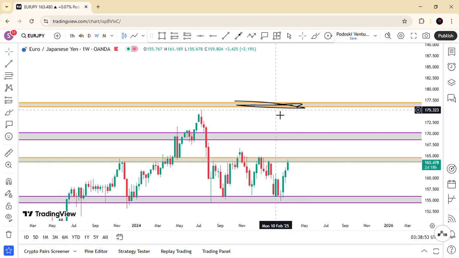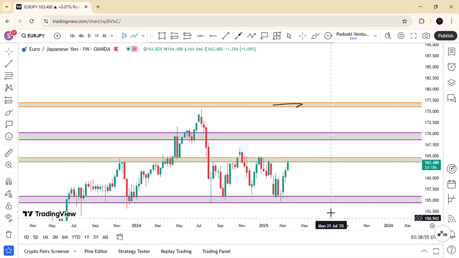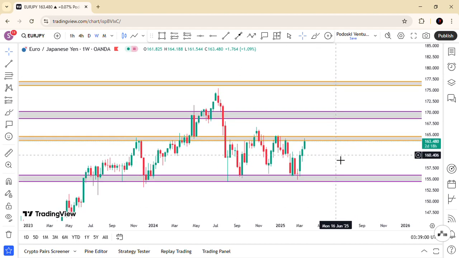Also on EURJPY, price is in an uptrend. You could see price is currently at the weekly lower zone, the resistance on the weekly time frame.